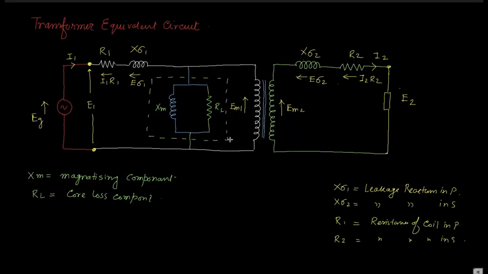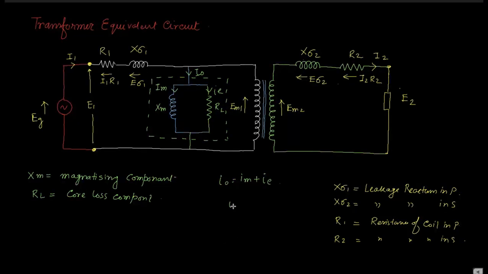You got my point? This is the transformer equivalent core circuit, because the core is magnetized. The core is magnetized by the current Im, the magnetizing component current, and some current flows due to the eddy current, that is IE. And if the total current is I naught, then I naught is nothing but Im plus IE.